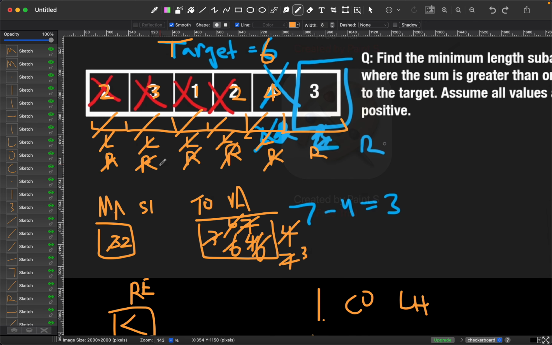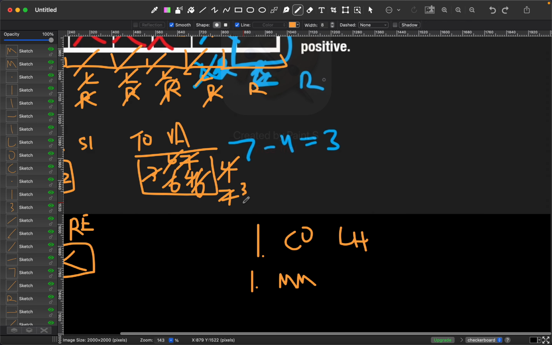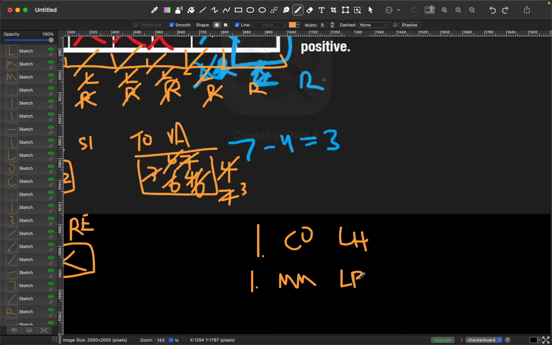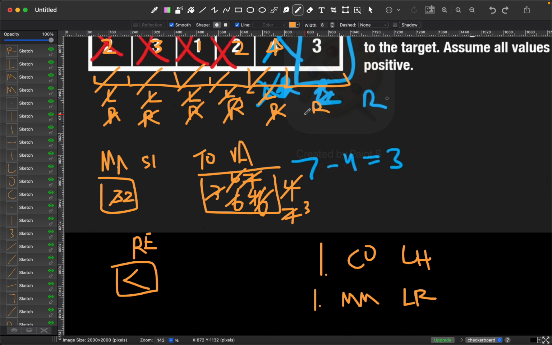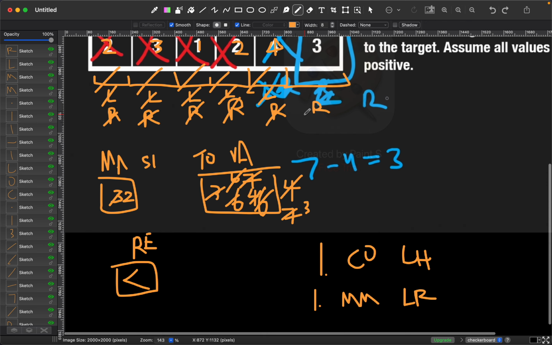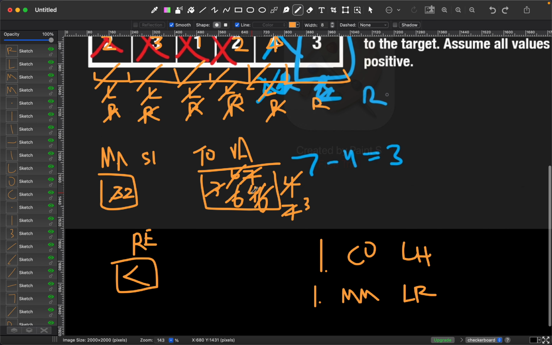So the L and R maneuver around the map is going to be very much based on the conditional checks. If it meets, it's going to try to close in the L. But if it doesn't meet, it's going to try to expand the R. And it's rinse and repeat throughout the entirety of the system. But at the core of things, it has this conditional based on whether this value is lesser or bigger.